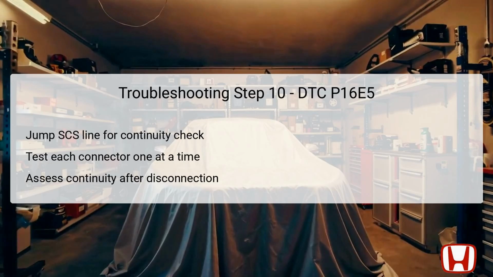Jump the SCS line using the HDS once again and wait over 1 minute to prime for continuity testing. This step repeats checking for continuity between the terminal number 1 of the DC-DC converter connector A and body ground, while systematically disconnecting critical connectors one at a time.